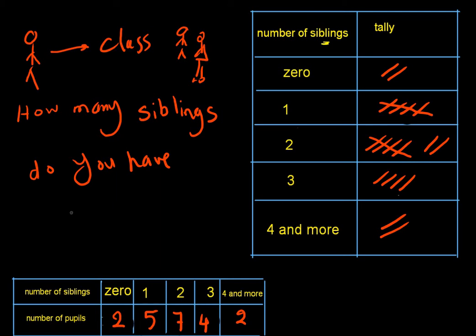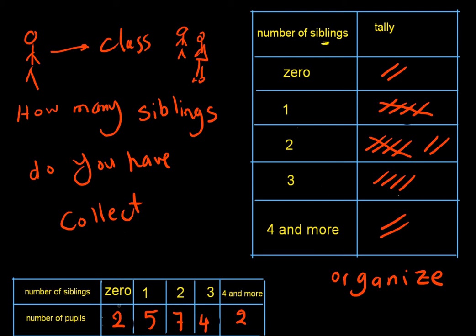Now, we learned here how to collect data and how to organize this data. How to collect? I ask my classmates, I ask my mother, I ask my brothers, ask anyone, and write this data in a table. This is called organizing data.